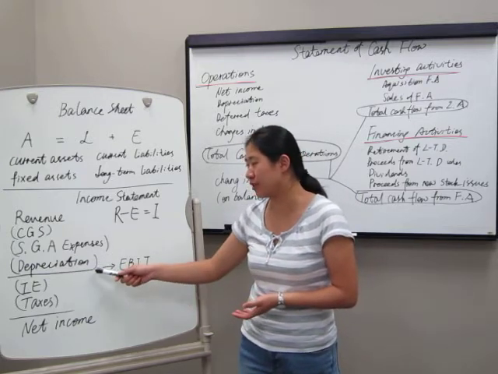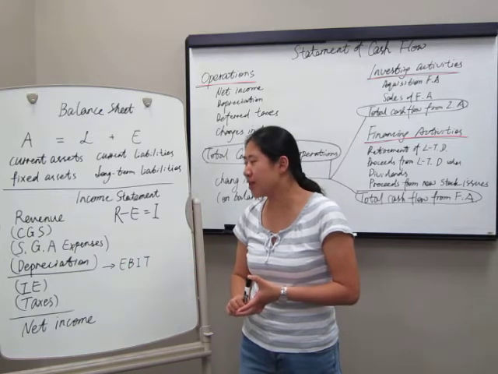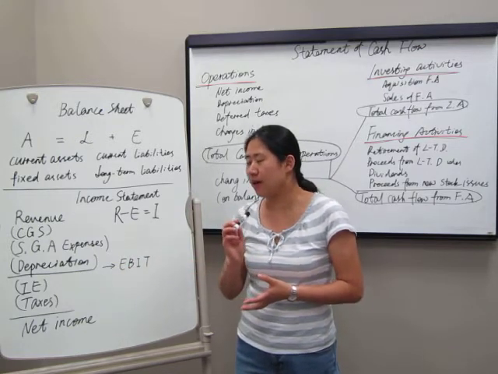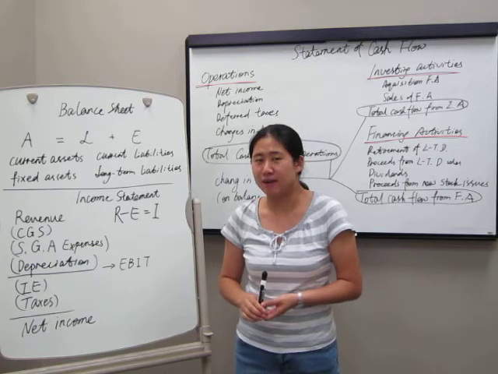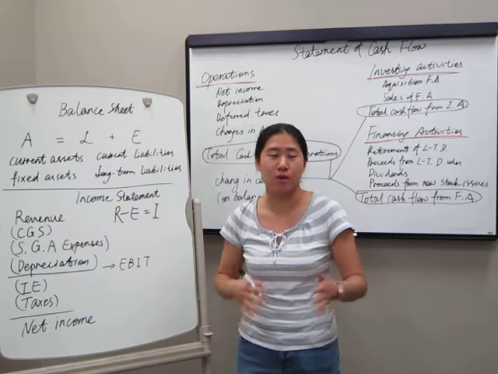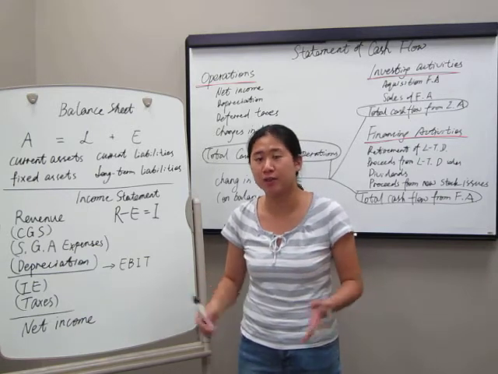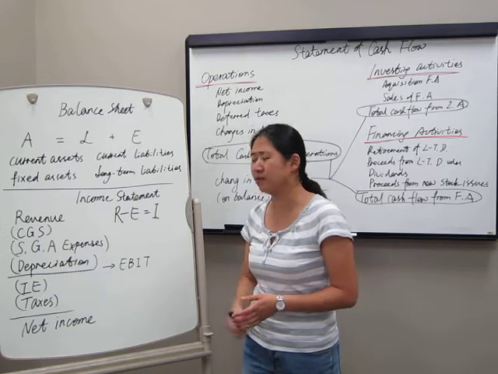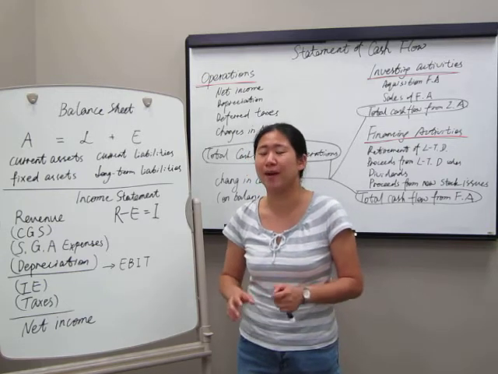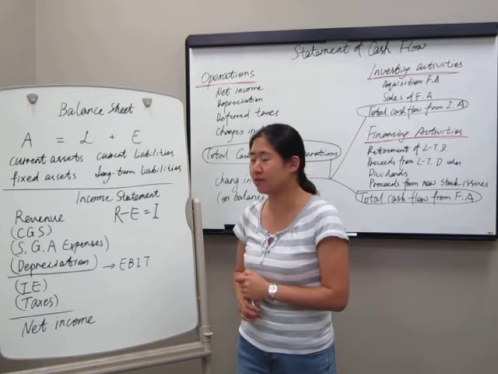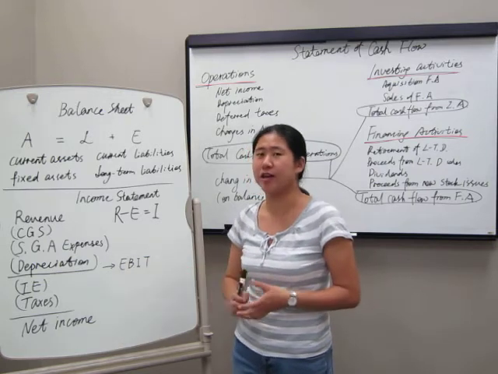For example, the depreciation. Depreciation is the accountant's estimate about the cost of the equipment used in the production period. So that's just an estimation. It's not the actual money we spend on these things. So it is a non-cash item.